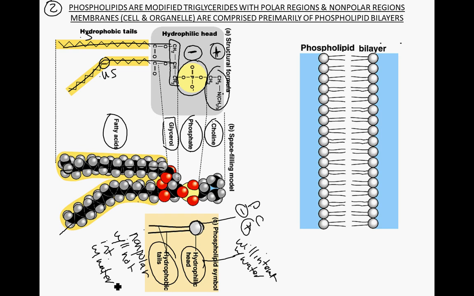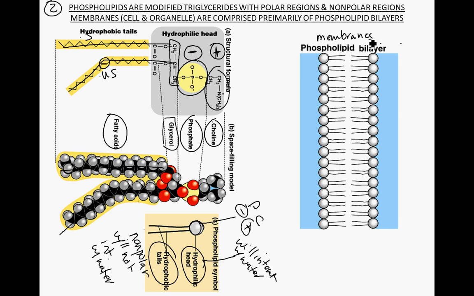And so phospholipids are primary components of all membranes. So we get these phospholipid bilayers forming, right, in membranes. So membranes of cells, membranes of organelles within eukaryotic cells are all phospholipid bilayers. It gets more complex than that, but suffice it to say, this is where we are at the moment.